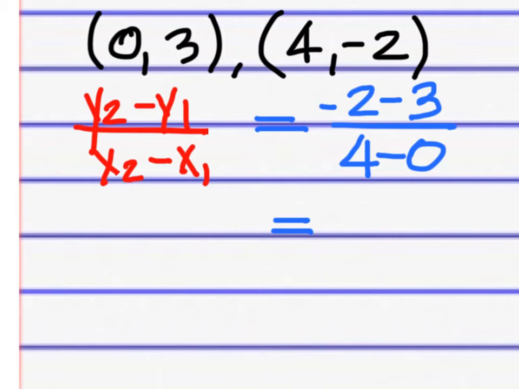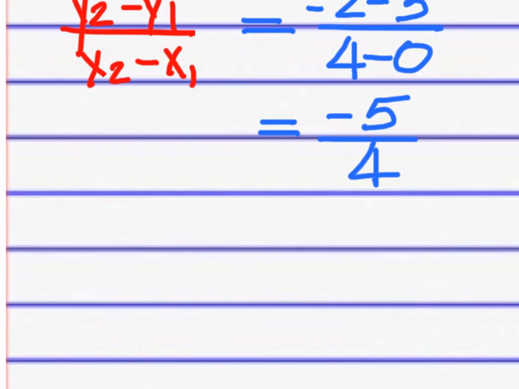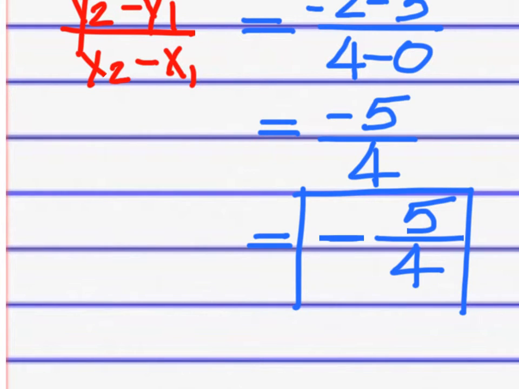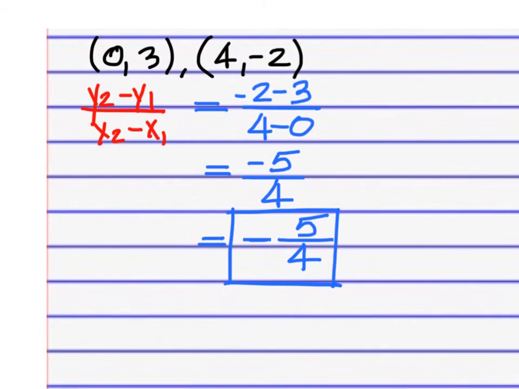Negative 2 minus 3 is negative 5. 4 minus 0 is 4. Do not leave the negative sign on just the top or just the bottom. Put it out to the left of the fraction bar. You have a negative 5/4 for the slope of the line that contains the 2 points 0, 3, 4, negative 2.